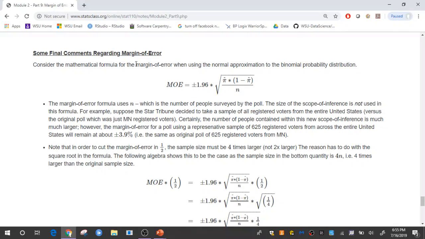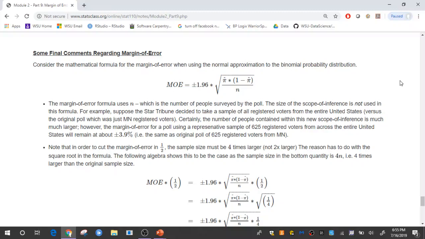Okay, some final comments regarding margin of error. This first bullet here: the margin of error formula uses n, which is the number of people surveyed in the poll. The margin of error formula does not use the size of the group associated with the scope of inference. So for example, suppose the Star Tribune decided to take a sample of all registered voters in the entire United States, not just Minnesota.